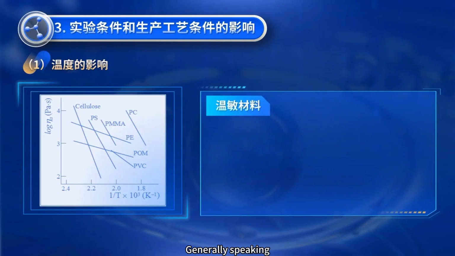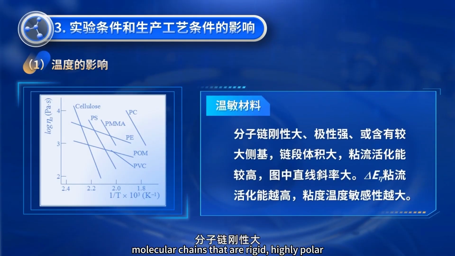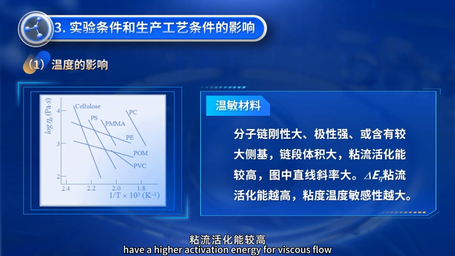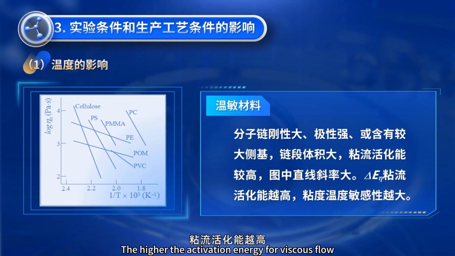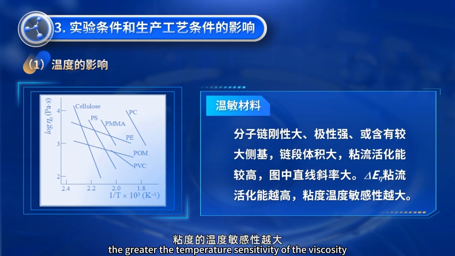Generally speaking, molecular chains that are rigid, highly polar, or contain large side groups with large chain segment volumes have a higher activation energy for viscous flow. The slope of the line in the graph is steeper. The higher the activation energy for viscous flow, the greater the temperature sensitivity of the viscosity.